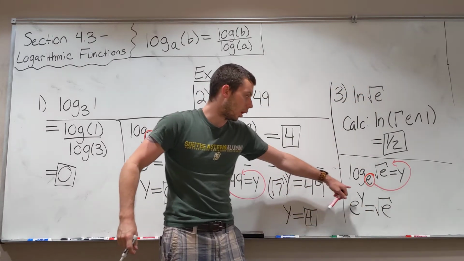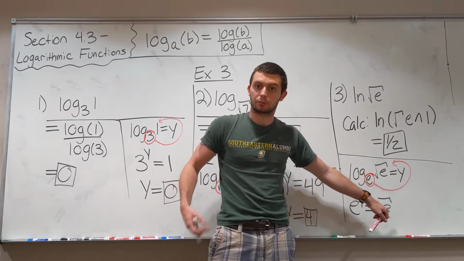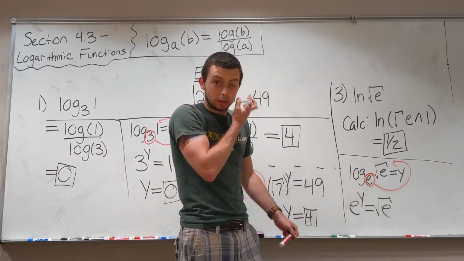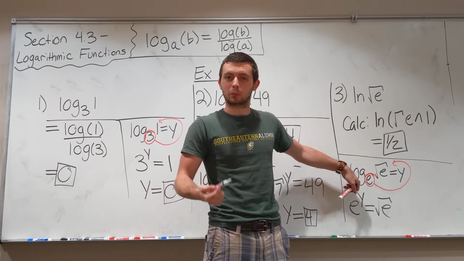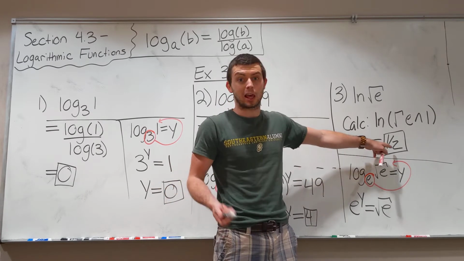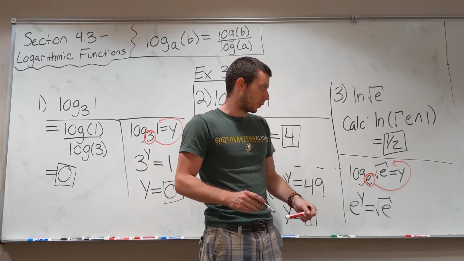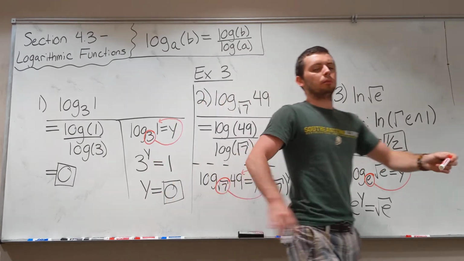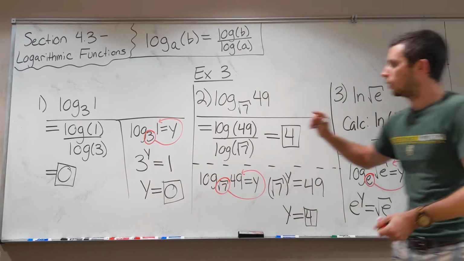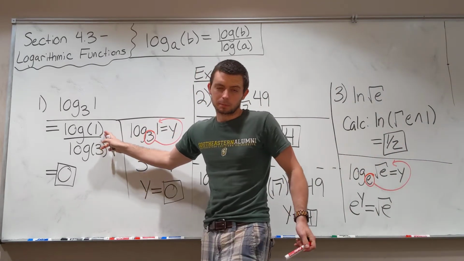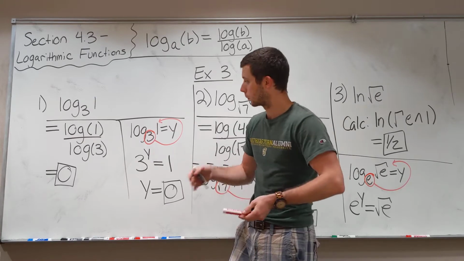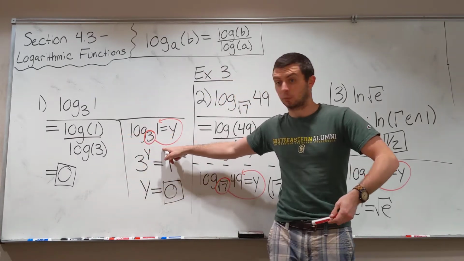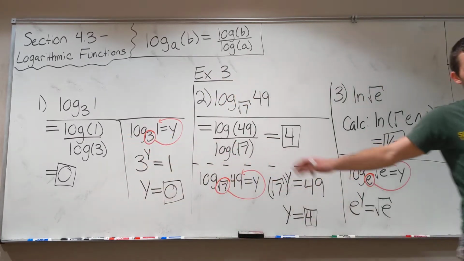And we get e to the y is equal to the square root of e. So what power corresponds to the square root? Well, that's 1/2. So that would be both ways, both with the assistance of the calculator, even though it says don't use one, I'm saying it's okay. So with a calculator and without a calculator, that would be how you do these types of problems.